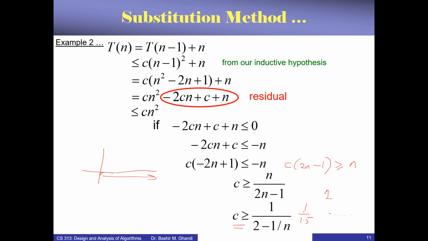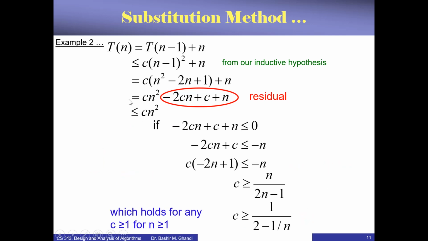All right, so it means therefore if we take n to be 1, then we will have c to be greater or equal to 1, and it will satisfy the inequality that we began with. So it means therefore that our inequality Tn less than or equal to Cn square will hold provided n is greater or equal to 1 and C is greater or equal to 1.